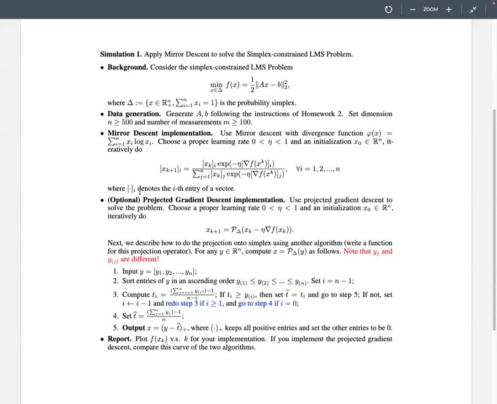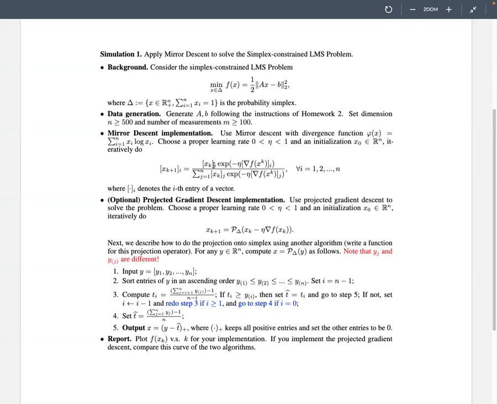This denotes the i-th coordinate of this vector, right? This algorithm updates each coordinate following the right-hand side. You don't want to implement this update coordinate by coordinate.